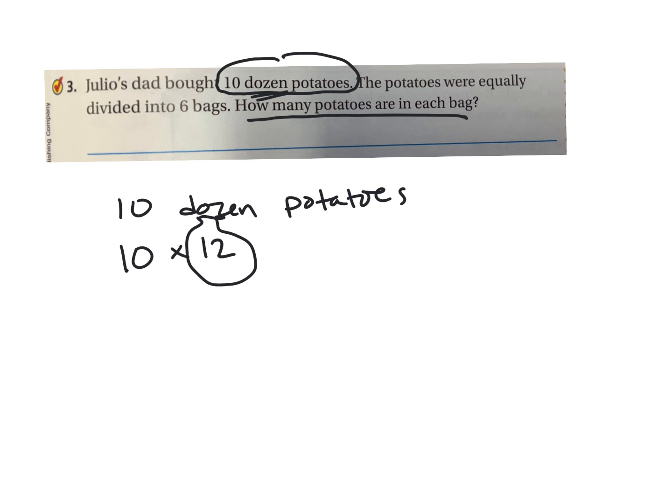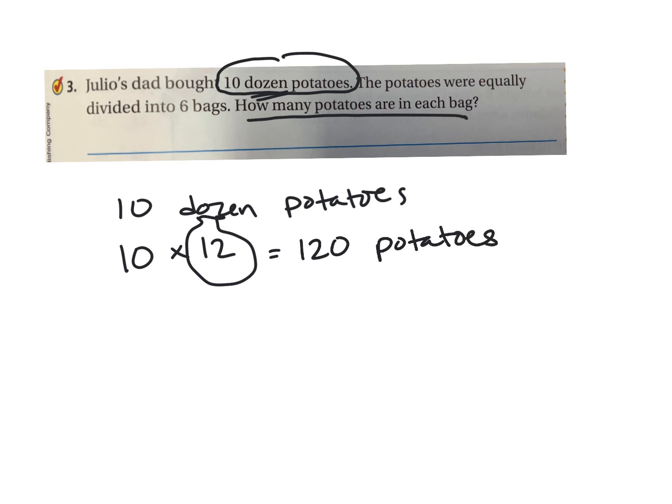So it's one bag with 12, another bag with 12, another bag with 12. So we have that repeated addition going on, and we know by now that that is multiplication. So we needed to know that a dozen meant 12. So 10 dozen is 10 times 12, and that's 120 potatoes.